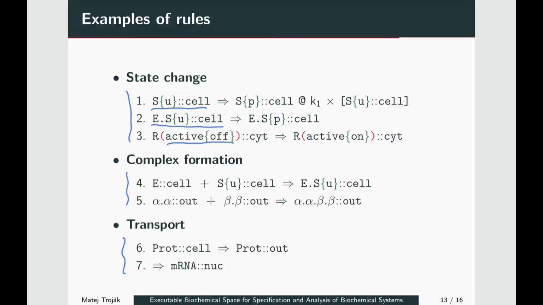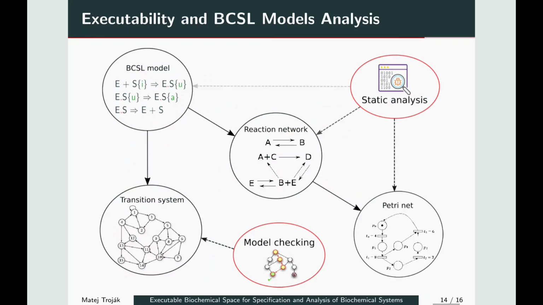We can, for example, relocate a protein to a different compartment, or we can define also rules which model some boundaries of the system. Also note that we can assign a rate function which defines how likely is the rule to be applied.